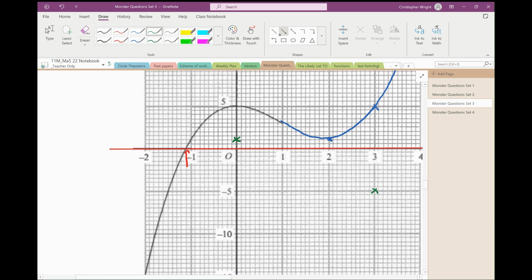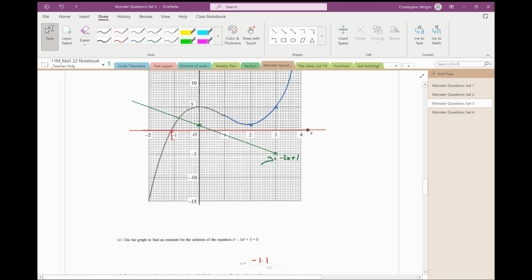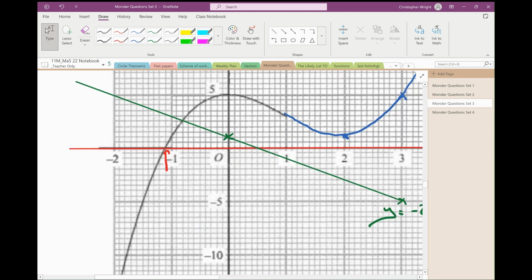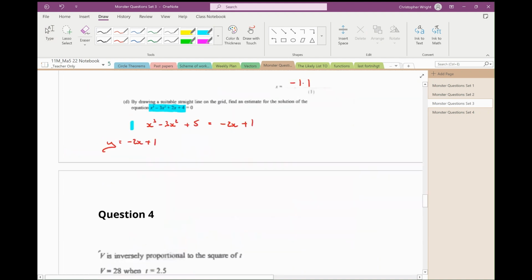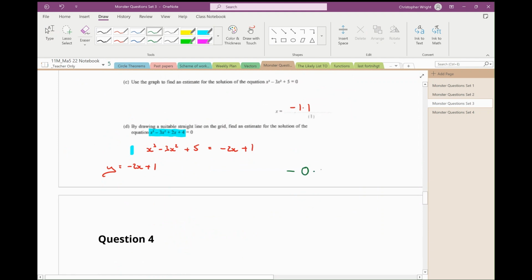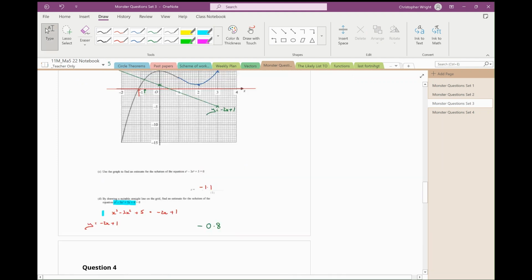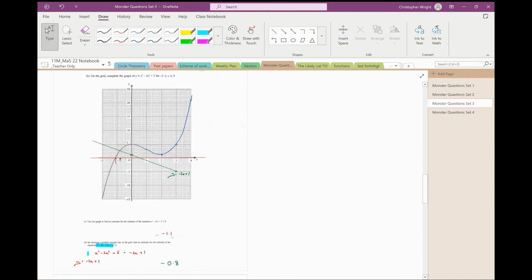Okay, so I can join up these 2 points, and that will be the line y equals minus 2x plus 1. And the value of x which solves the equation is this value of x here, which looks to me as if it's minus 0.8. Minus 0.8. Okay, there is the solution to that question.